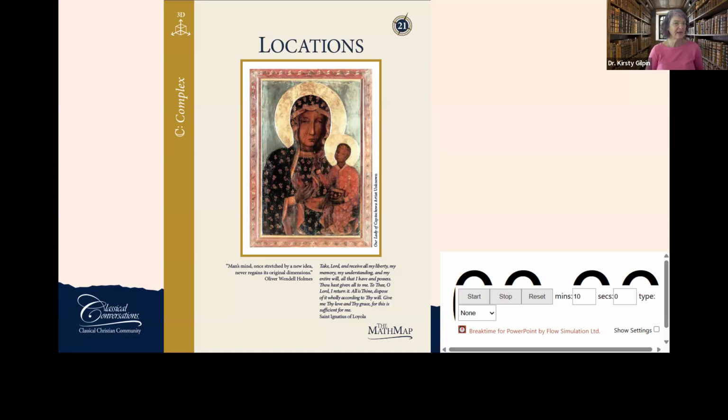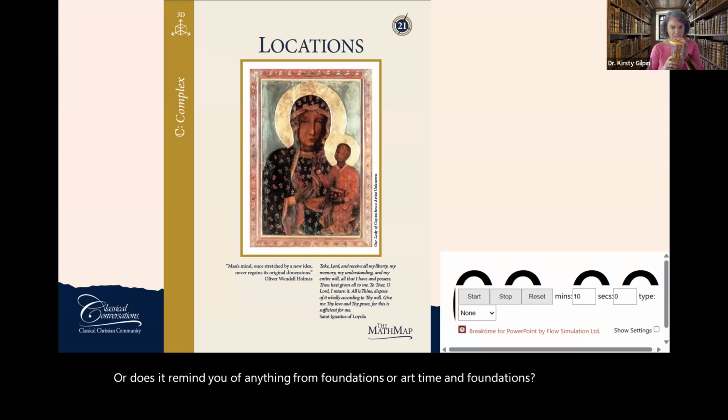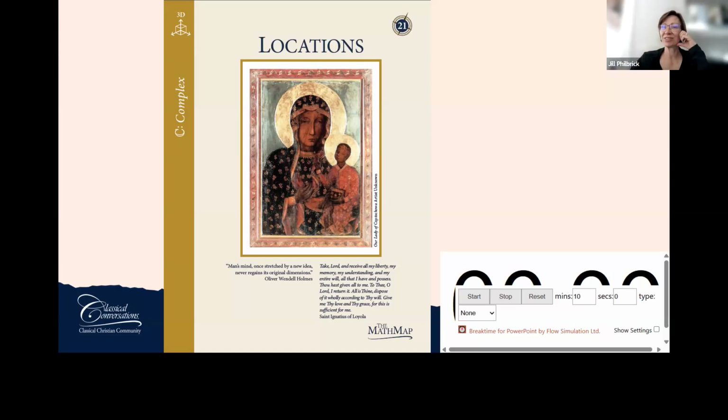Or does it remind you of anything from Foundations or Art Time in Foundations? It looks like it's from a culture different than mine, which would then point to geography, and also a place in time is kind of a location.